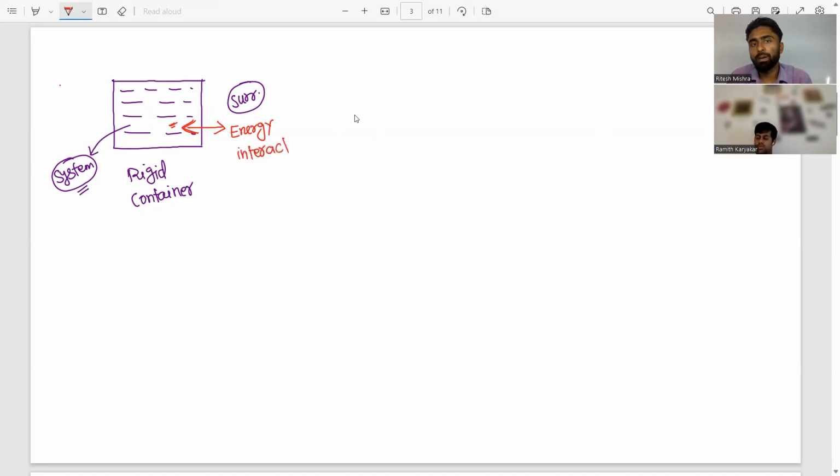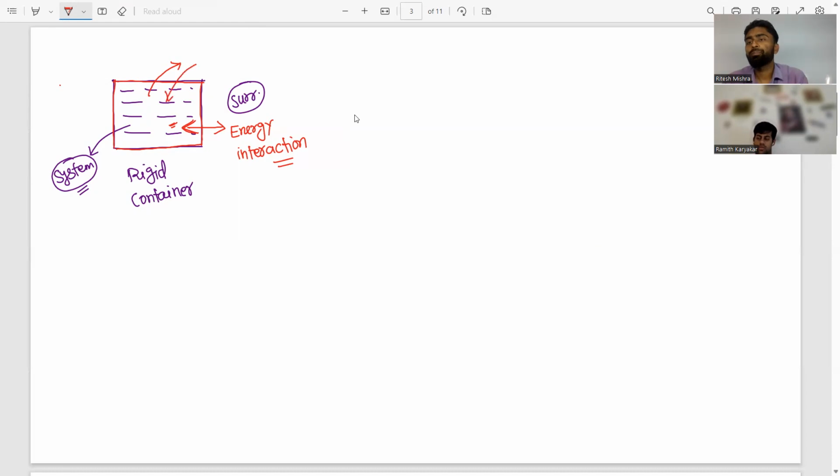But here, my dear, as you see, the boundary is fixed and this rigid container is closed. This is not open, this is closed. So no mass transfer occurs here between the system and surrounding. No mass goes out from the system to surrounding, and no mass enters the system from the surrounding.